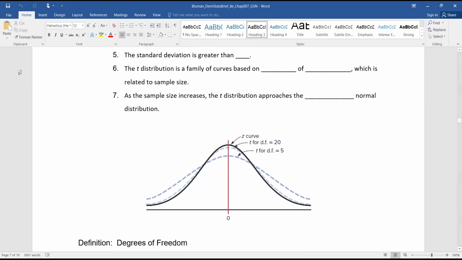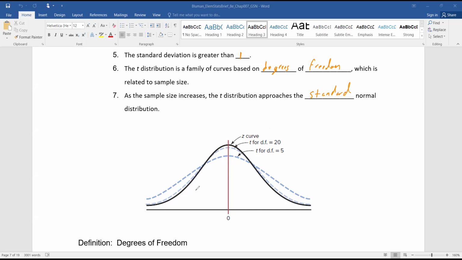The standard deviation is greater than 1. The t distribution is a family of curves based on degrees of freedom, which is related to the sample size, and I'll talk about how to find degrees of freedom. As the sample size increases, the t distribution approaches the standard normal distribution.